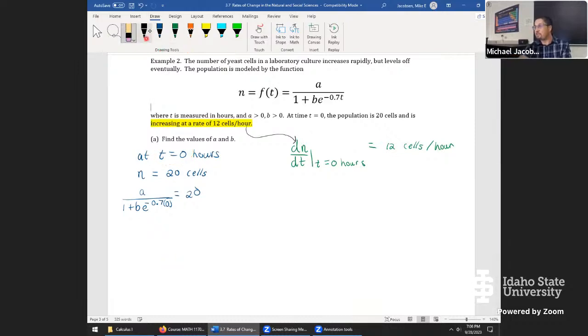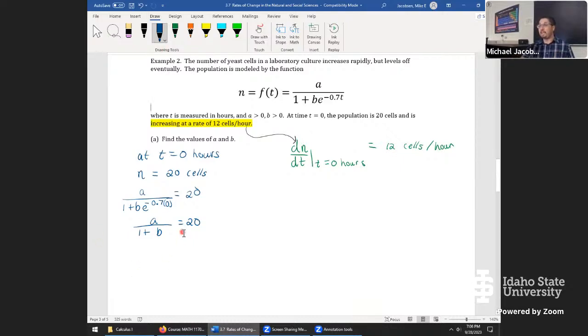So at time is 0 hours, we can simplify the left-hand side and get a divided by 1 plus b equals 20. So we have an equation here. It involves two unknowns, a and b, so I can't really do much with that.